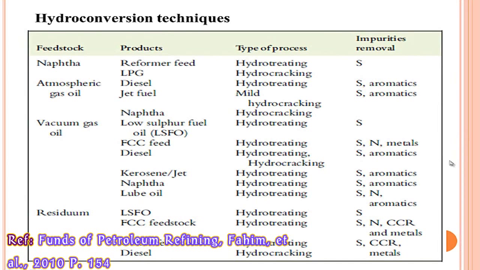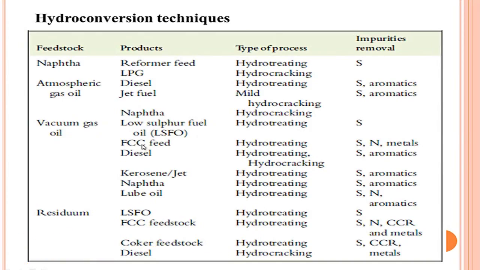And again, sulphur contained in vacuum gas oil (VGO) can be treated by hydrotreating to obtain FCC, fluid catalytic cracking feedstock.